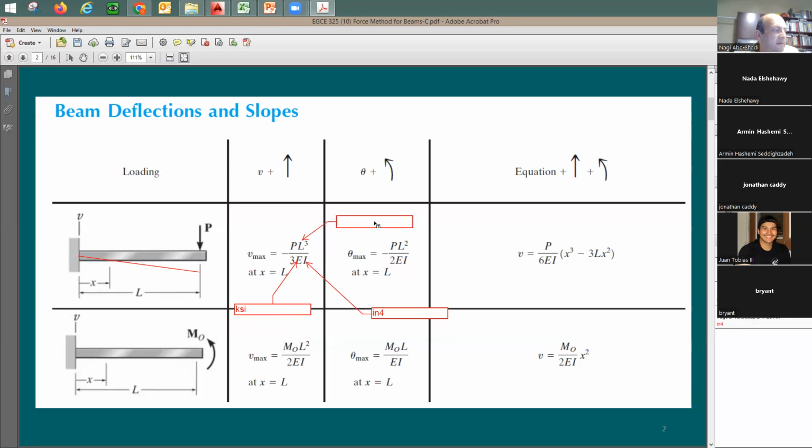This L is given in feet, and this P is given in kips. My question is, when you do the conversion of units, would you rather have everything in kips and inches, or kips and feet?